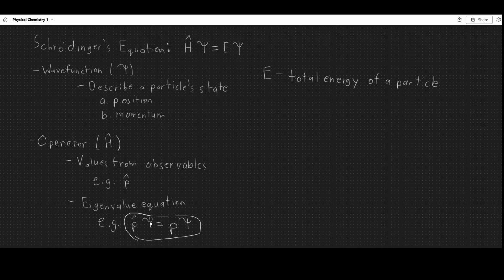Well, this special operator is actually called the Hamiltonian. So H hat is the Hamiltonian operator, and it's the operator that acts on the wave function that provides us the total energy.